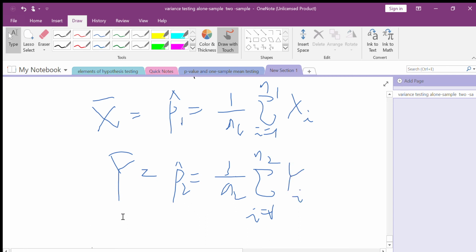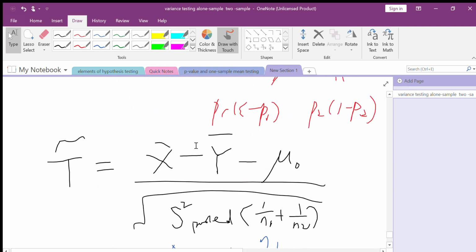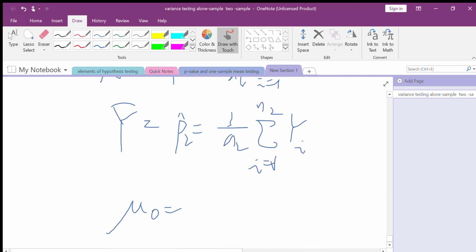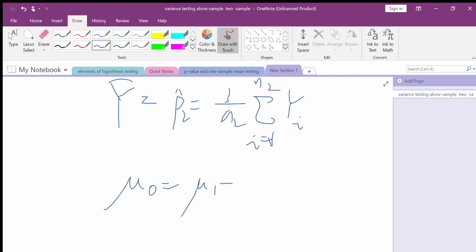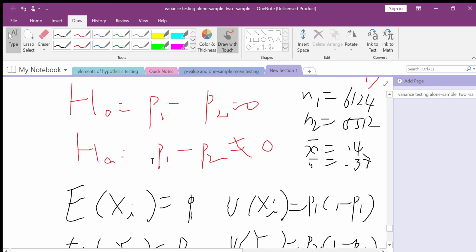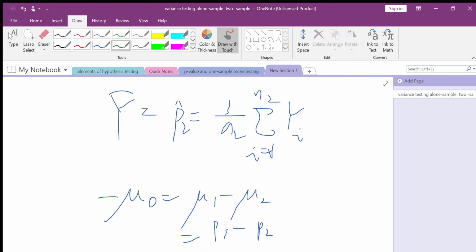This is for x bar and y bar. For the hypothesis testing, mu1 minus mu2, where mu1 is p1 and mu2 is p2: under H null, p1 minus p2 is 0, which means mu null itself is 0.